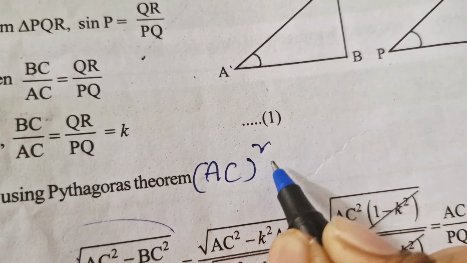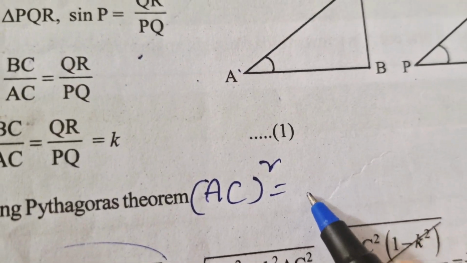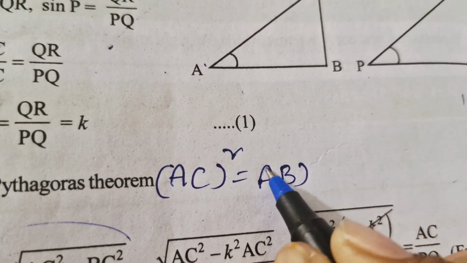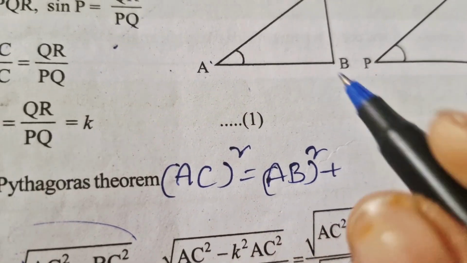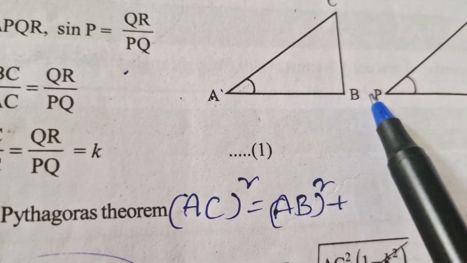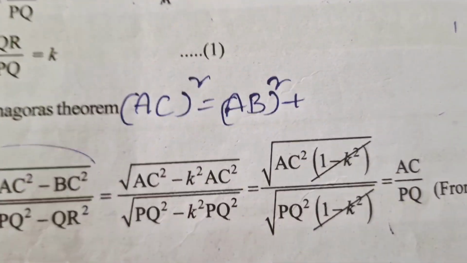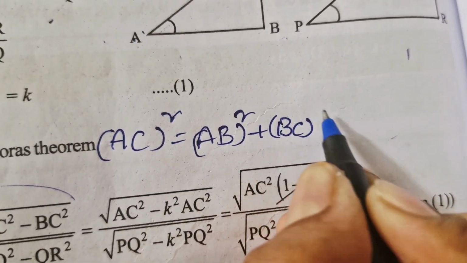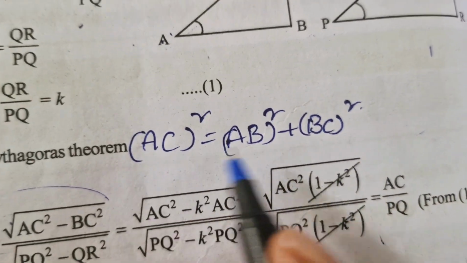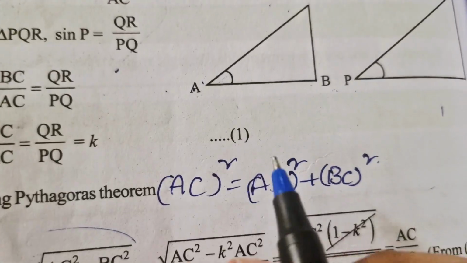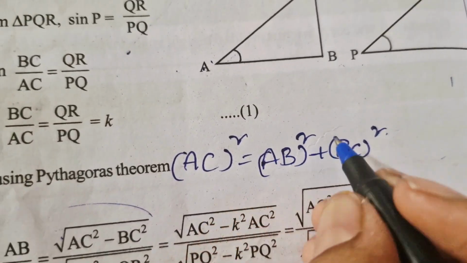AC square is equal to AB square plus BC square. This is the Pythagoras theorem we have applied to this triangle. Let us do the further step.